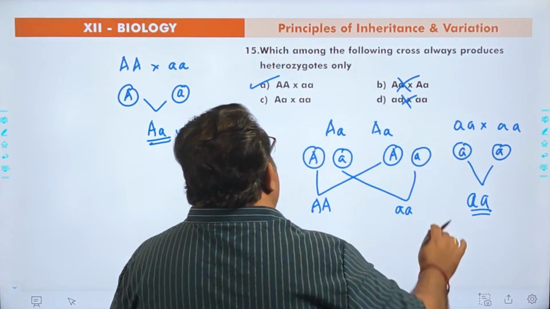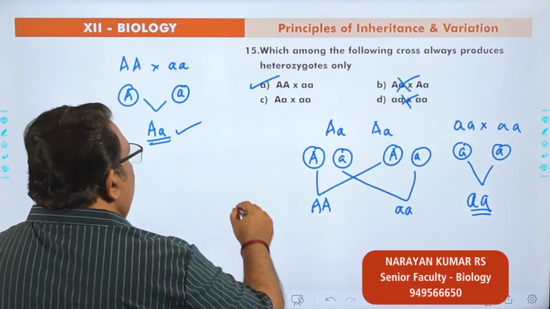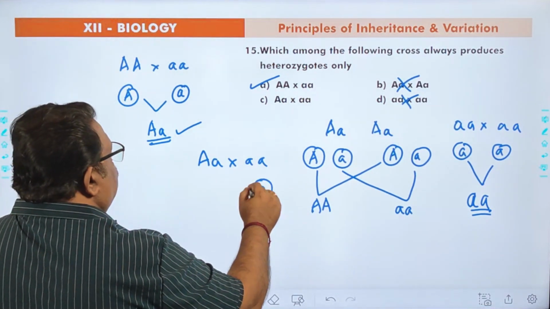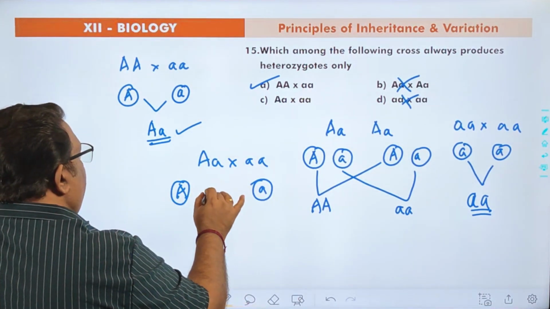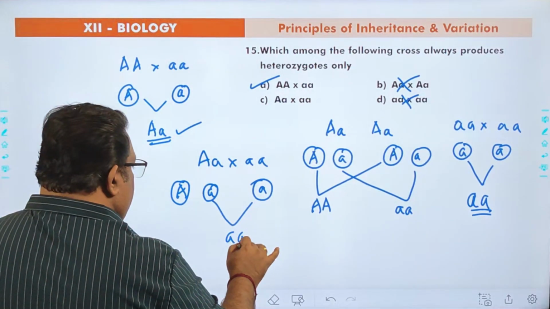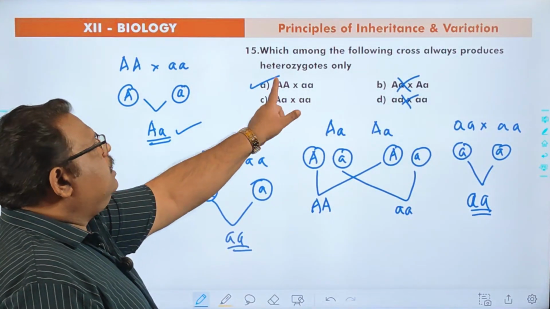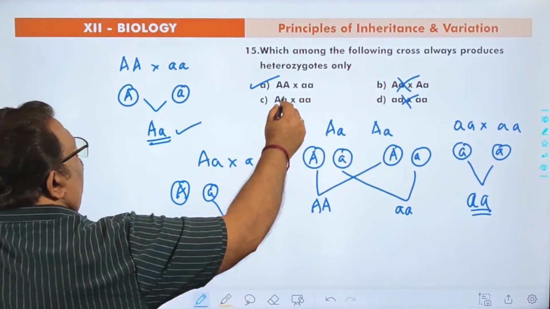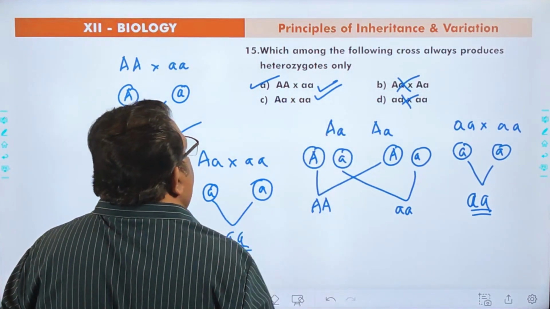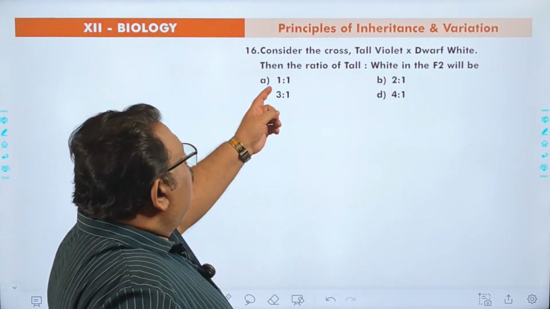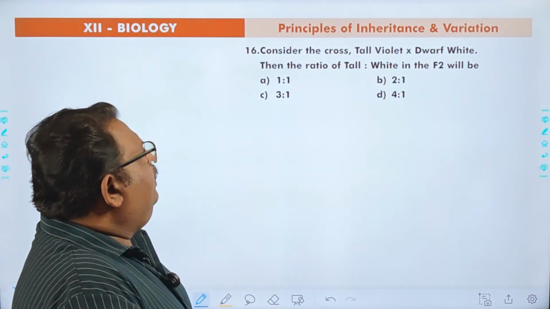Homozygous is possible. And here also, capital A, small a into small a, there is a possibility of small a, homozygous condition. So only heterozygous is always produced by capital A into small a, small a. So answer is A.